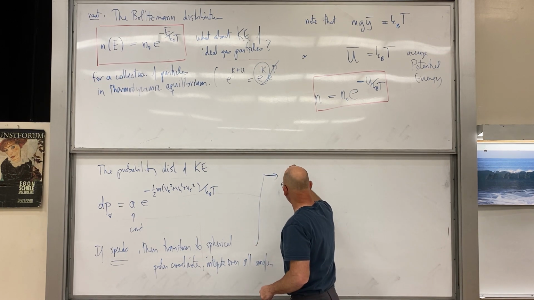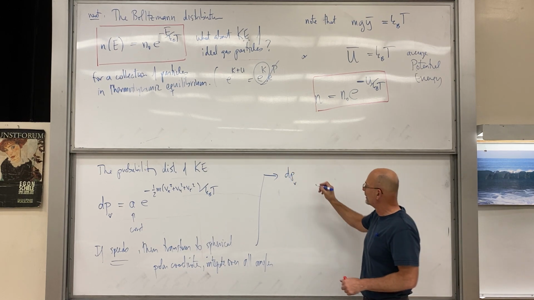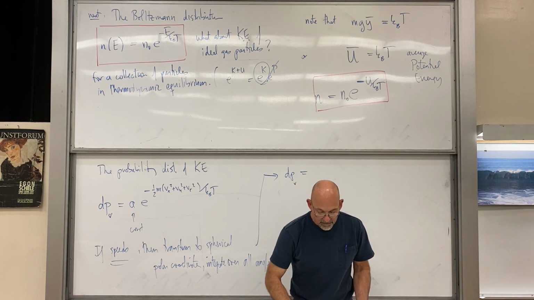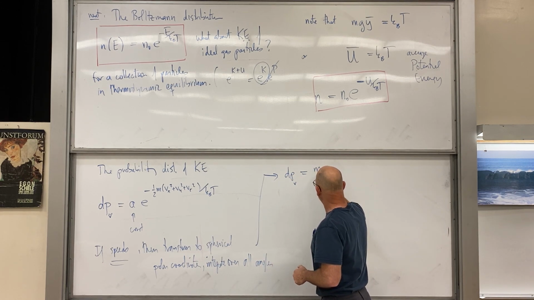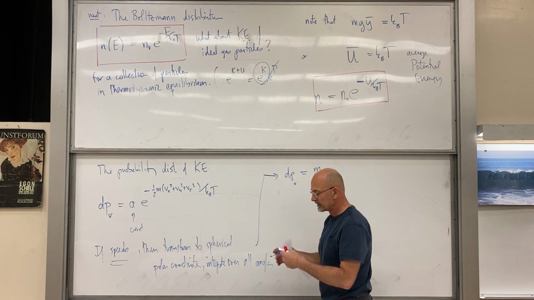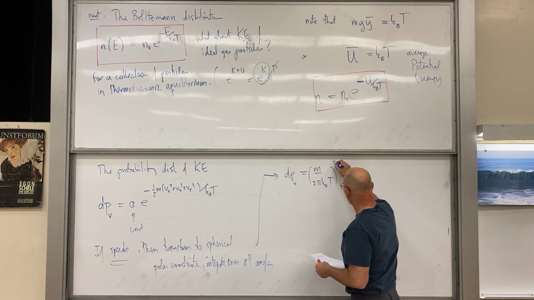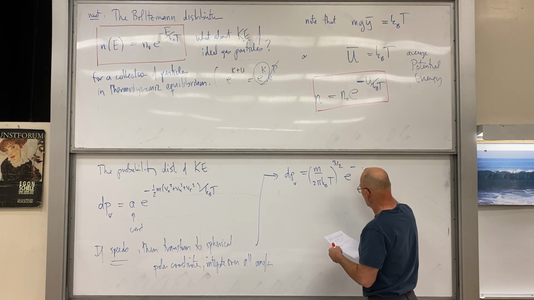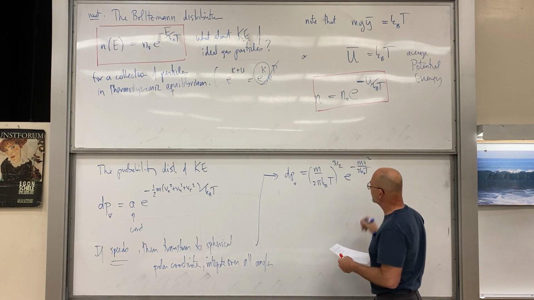is now dP sub v, speed, and this one I'm going to write down. We get (m over 2 pi k Boltzmann temperature) to the 3/2 power, e to the minus m v squared over 2 k Boltzmann temperature.